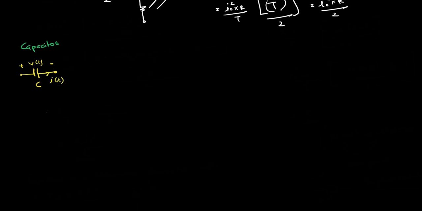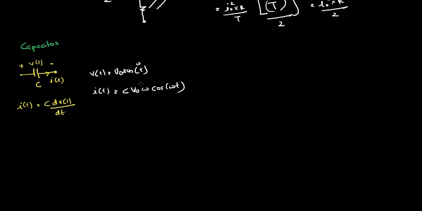So this current I of t can be written as C dV of t by dt. Now if you assume V of t to be equal to V0 sine of omega t, then I of t becomes C V0 omega cos of omega t.